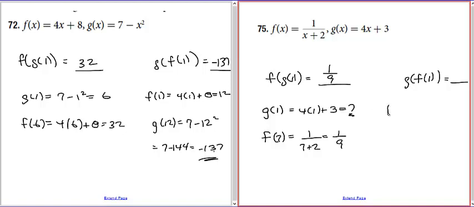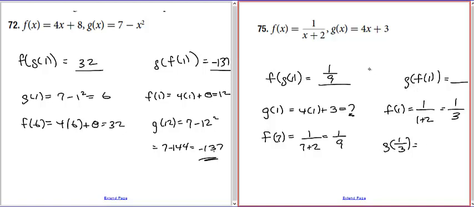And over here we do f of 1 first. So that's 1 over 1 plus 2. So plugging in x equals 1 here. So I get 1/3. So g of 1/3, because this is g of f of x, so you do the f part first.